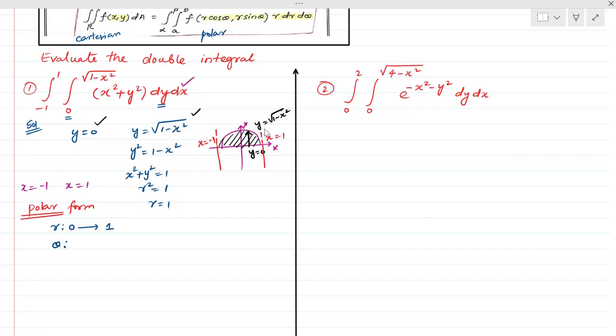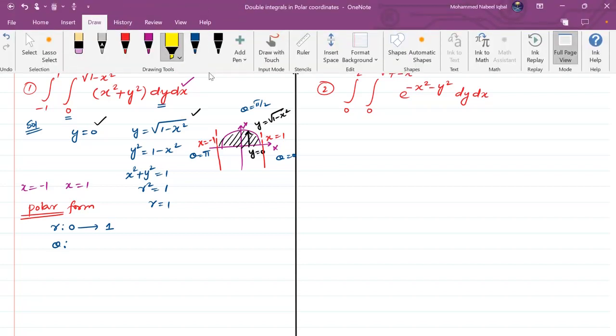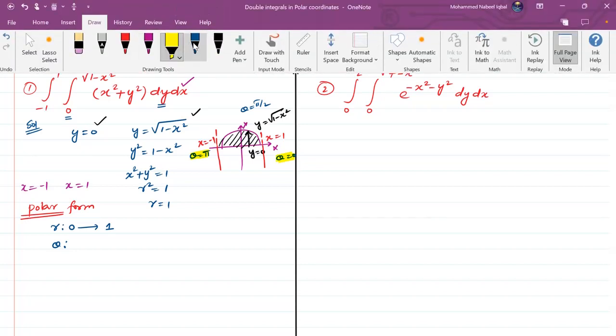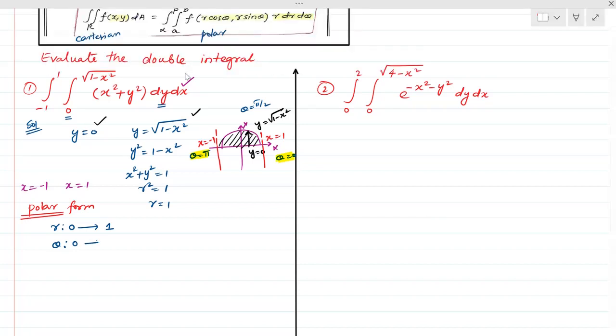What about the theta limit? This is 0, this is theta equals pi over 2, and this is theta equals pi. So the limit of theta is from 0 to pi.